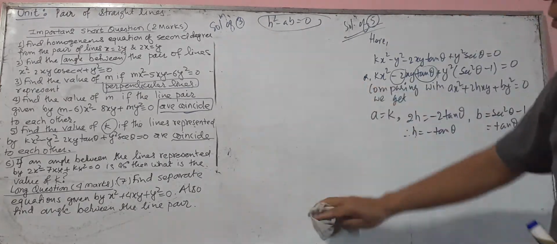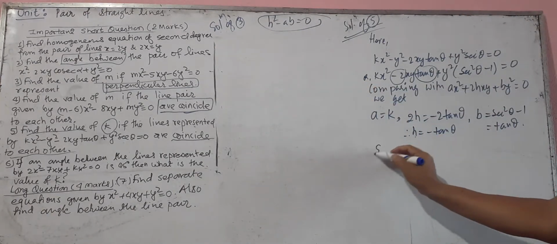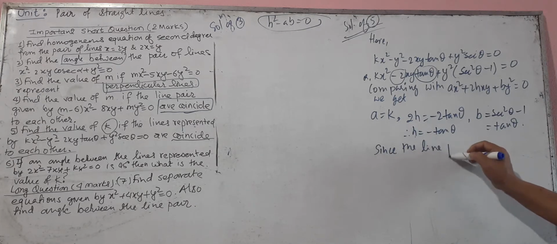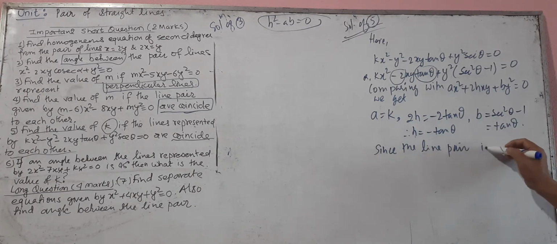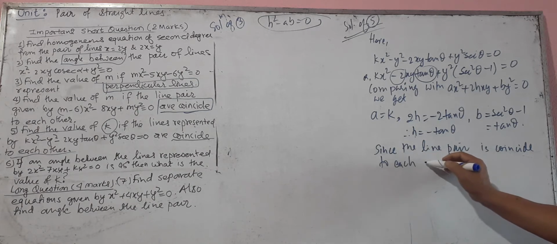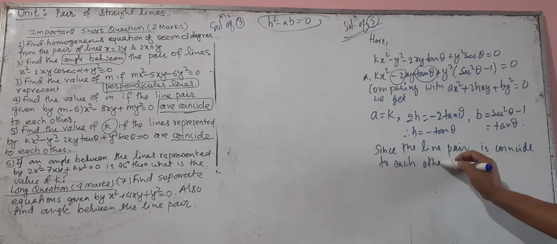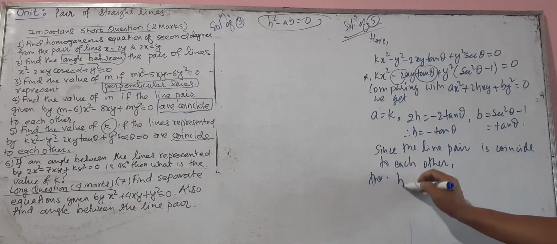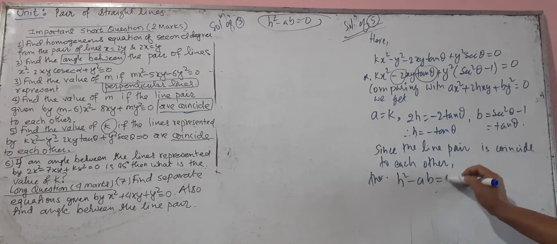So now we use, since the line pair coincide with each other, then h square minus ab equal to 0.